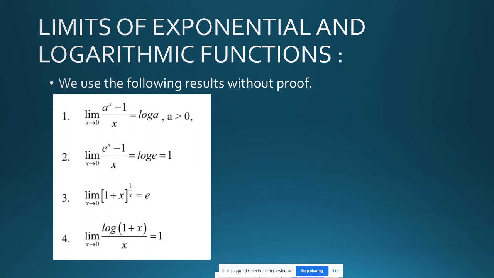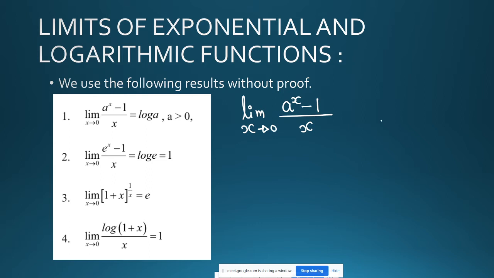So the formulas are as follows. The first formula says that if you have limit x tends to 0 of a raised to x minus 1 divided by x, the answer for this must be log a by the formula.